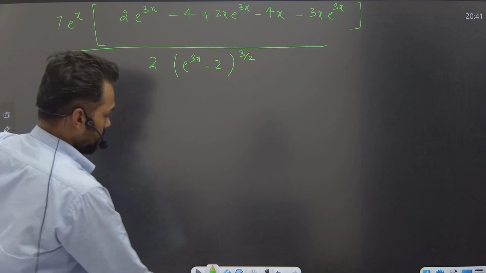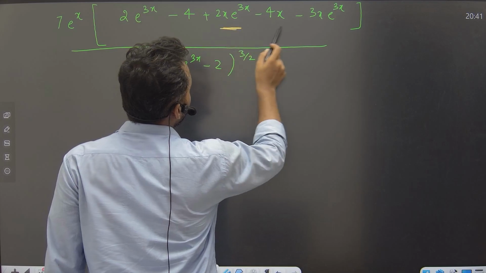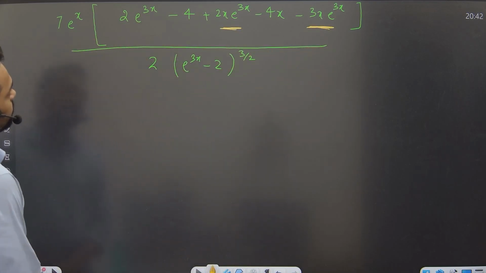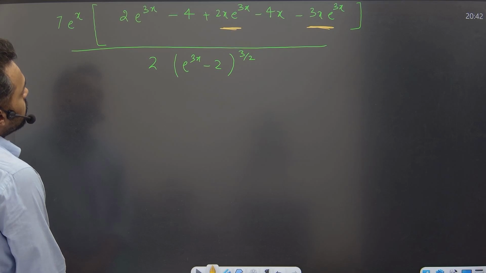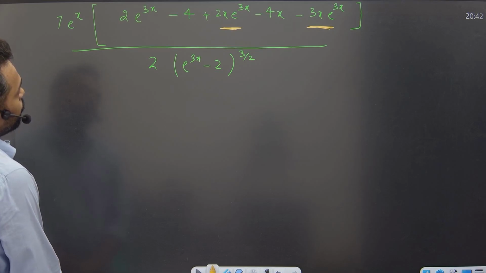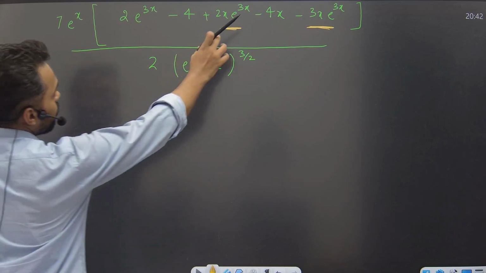Okay. See here, students, this part and this part are having the same coefficients. So what value will we get here? We can calculate this part.